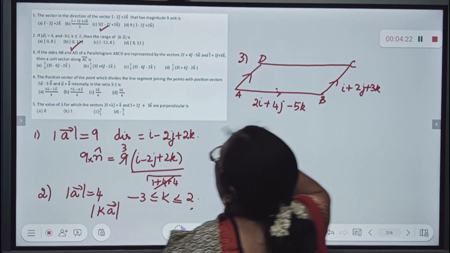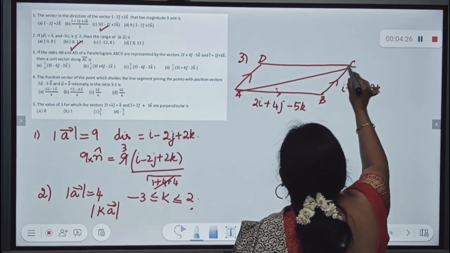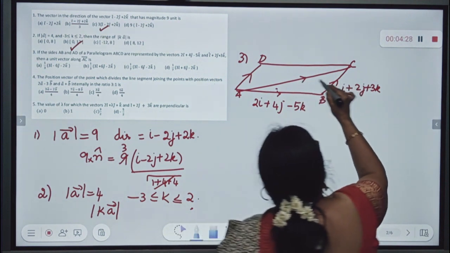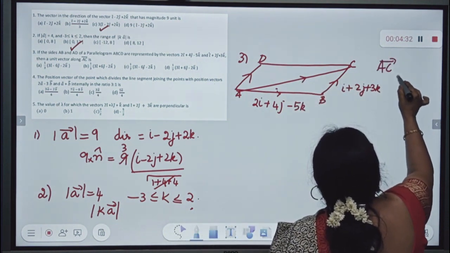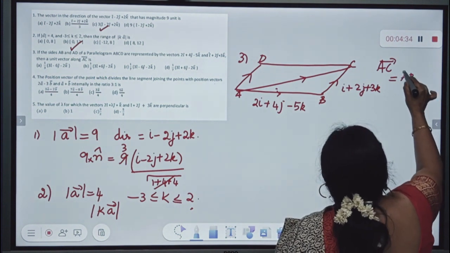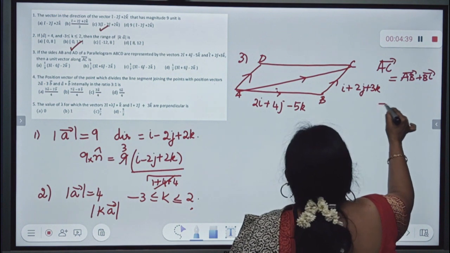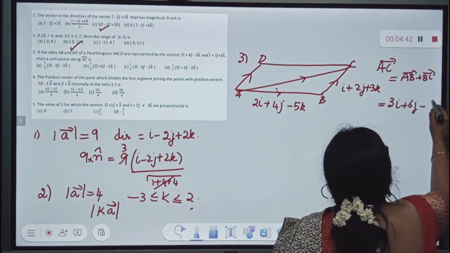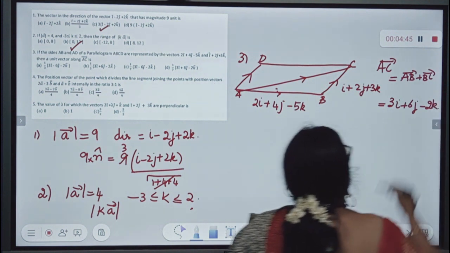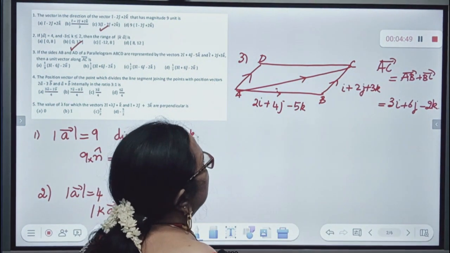Now you have to find a unit vector along the AC vector. This is my AC vector. First I have to find the AC vector, which is the AB vector plus the BC vector. When I add, I get 3i plus 6j minus 2k.